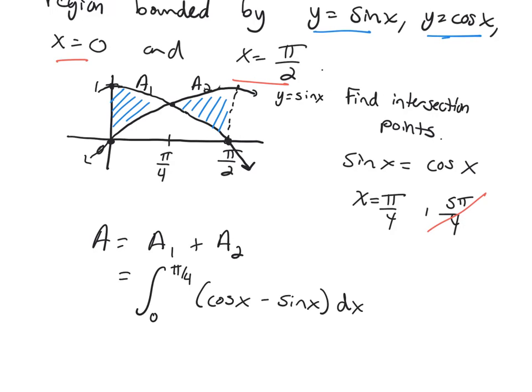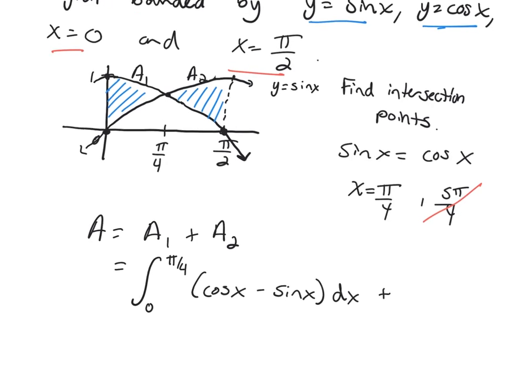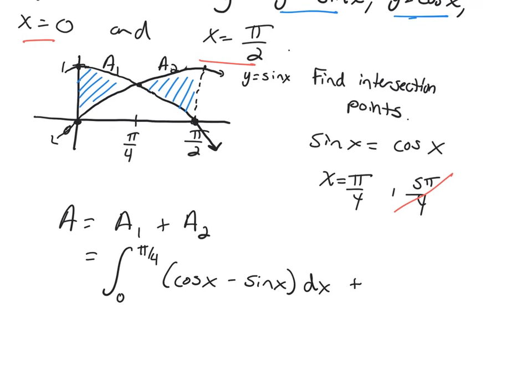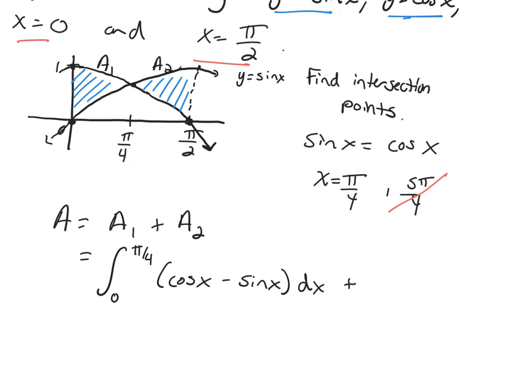So that's the area of the first region, plus, now I need to find the area of the second region. My bounds for x start at pi over 4 and go to pi over 2. And they've switched places now. My top function is sine of x, and my bottom one is cosine.